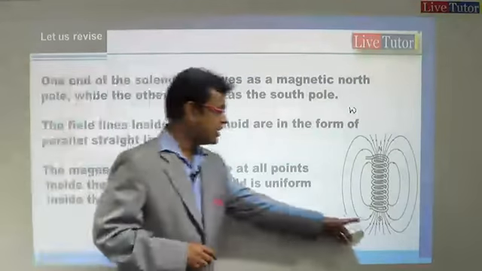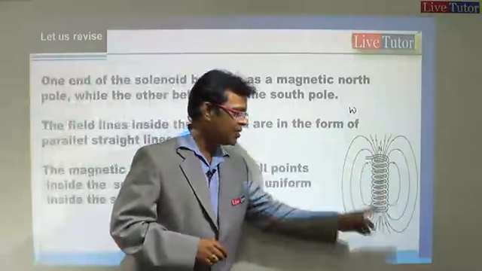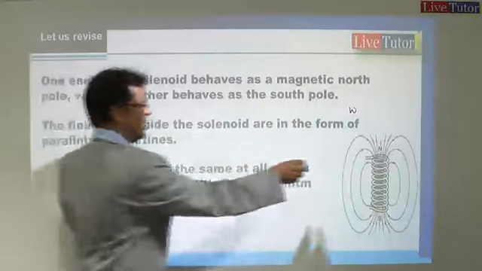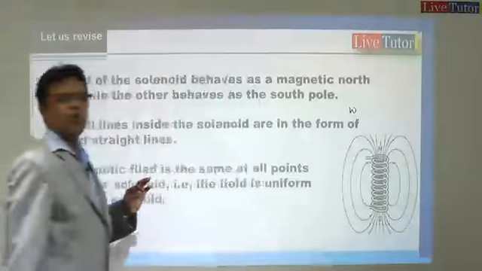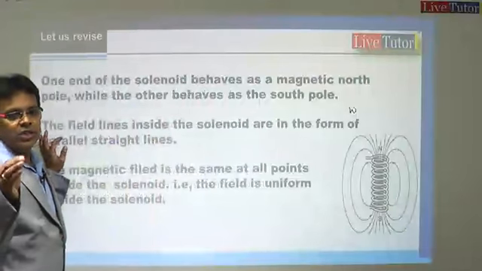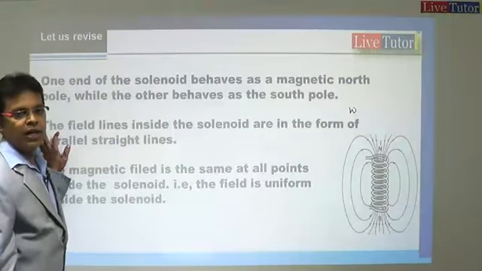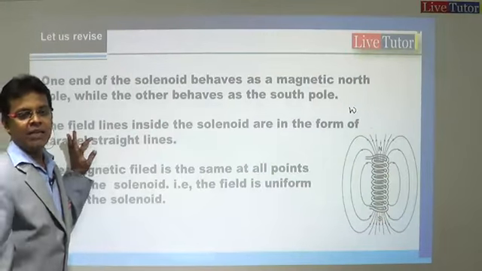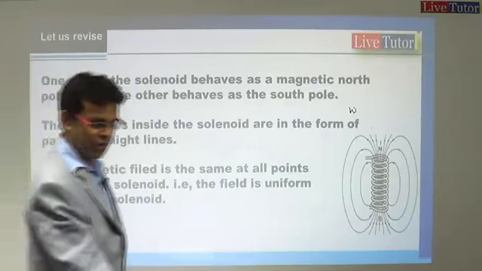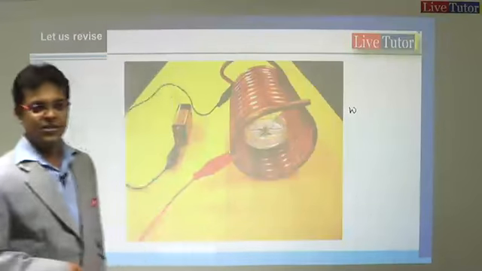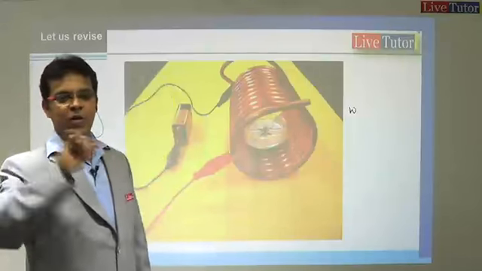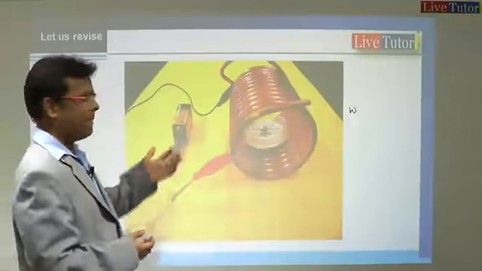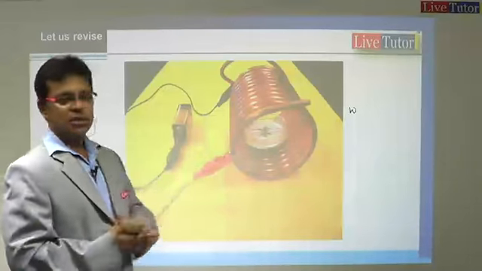When the field lines are straight, at every point inside the solenoid the magnetic field strength is the same, uniform. So the field is uniform inside the solenoid. Based on that, you may be asked to draw a uniform magnetic field. What will you do? You can simply draw straight lines, isn't it? By showing straight arrow marks, that will show the uniform magnetic field.